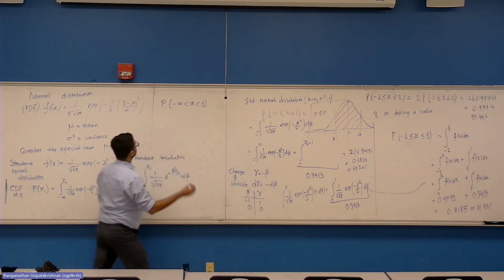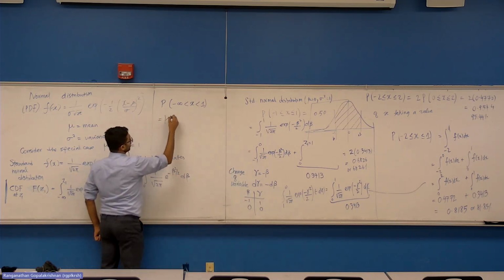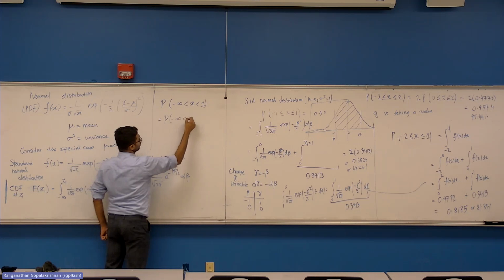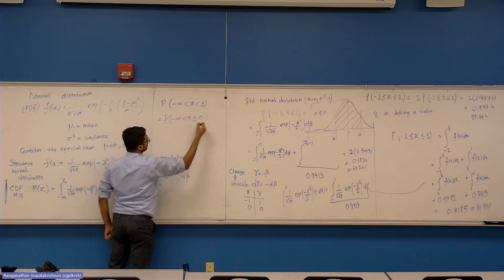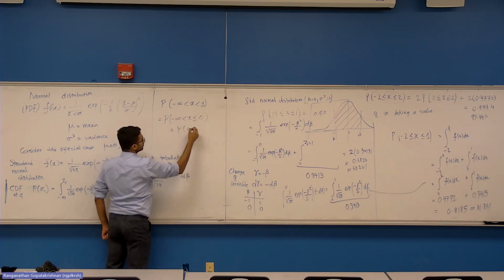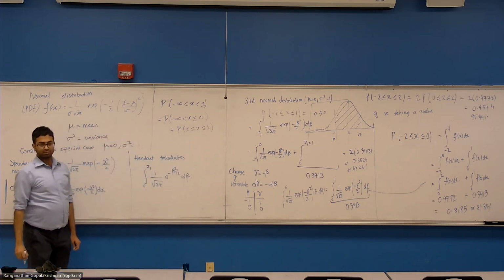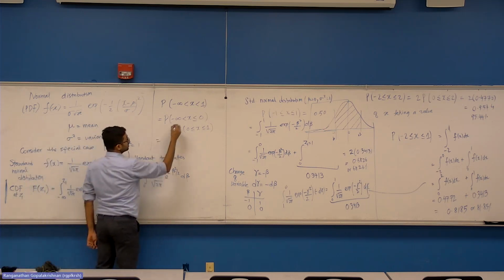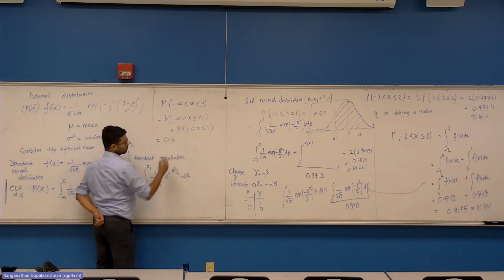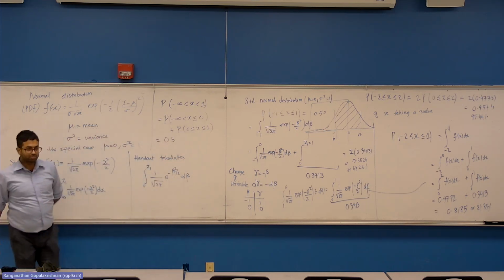So I'll split this as probability of minus infinity to 0 plus probability of 0 to 1. Can I do that? This is nothing but the first value is 0.5. You can write that down in your sleep now.